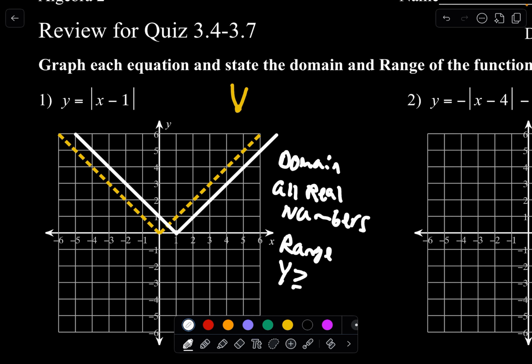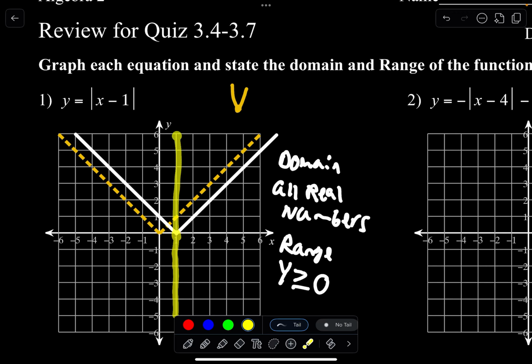Y is greater than or equal to 0. Because remember, range is the Y values, the outputs. So we kind of go up and we scan, we see, hey, the graph begins right there. Well, what's the Y value right there? That's 0. And then the graph is above it. So Y is greater than or equal to 0. So that's question number 1.